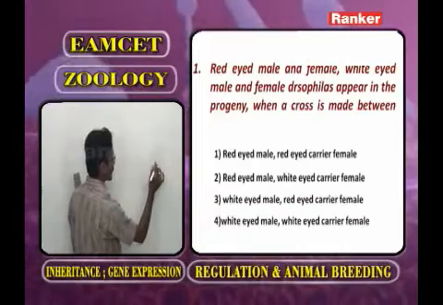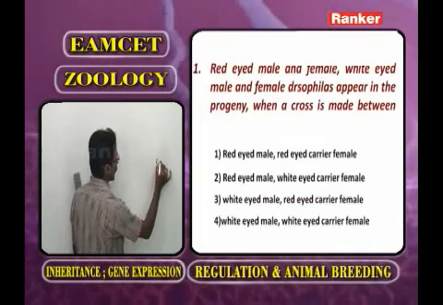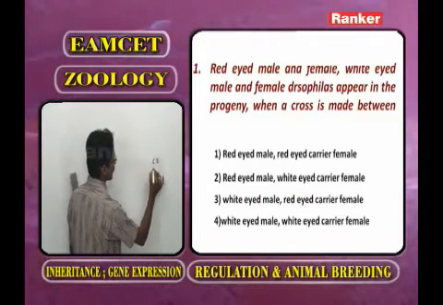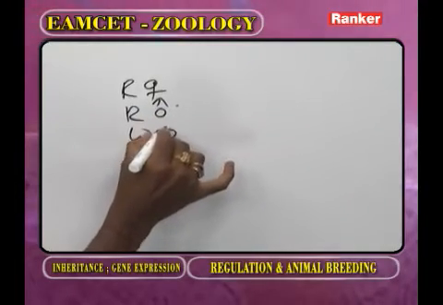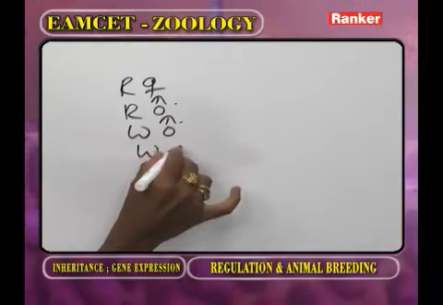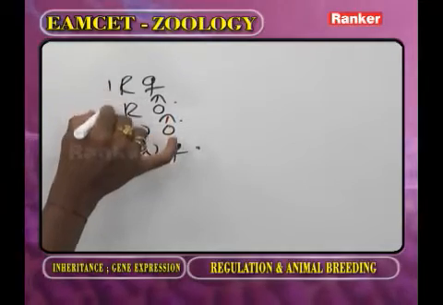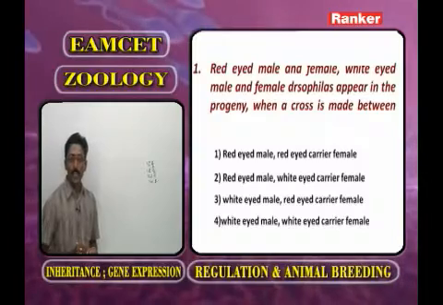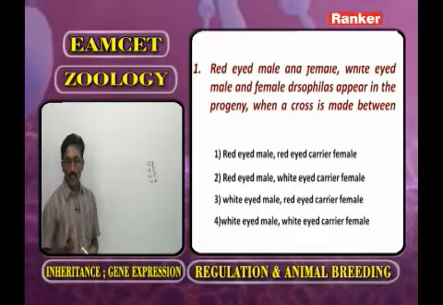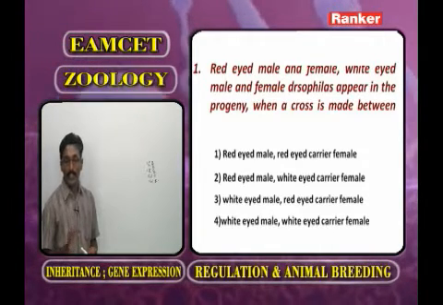Now here I am displaying the red-eyed female, red-eyed male, white-eyed male, white-eyed female: 1, 1, 1, 1.